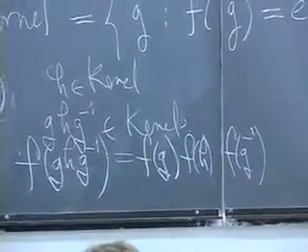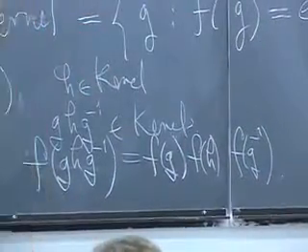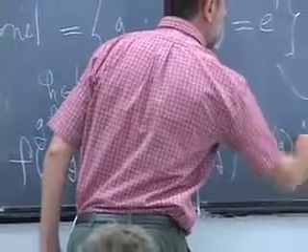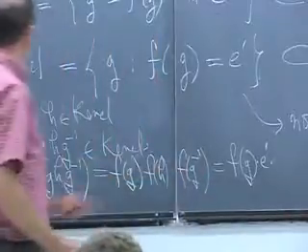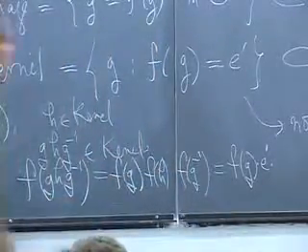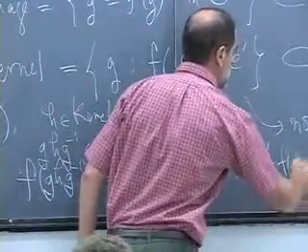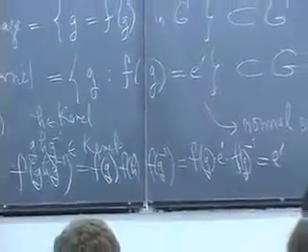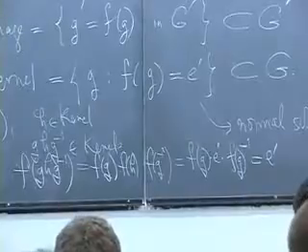Now the fact that h is in the kernel means that f of h is the identity element. So this becomes f of g times the identity element times f of g inverse, which is the inverse of f of g, which is just the identity element.